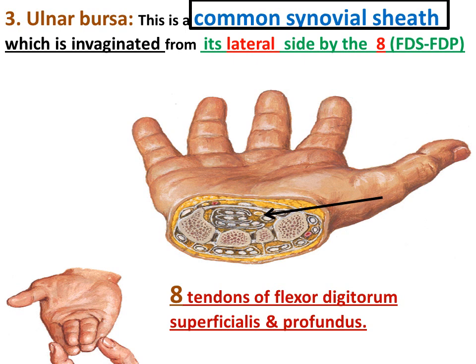Here this bursa is invaginated from the lateral aspect by the long flexor tendons, which are 8 tendons of flexor digitorum superficialis and profundus together.